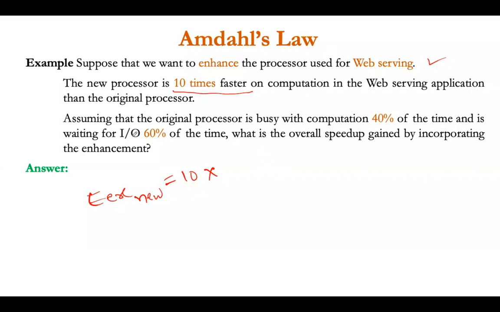So assume that the original processor is busy with computation 40% of the time and is waiting 60% of the time for input output devices. So what is the overall speedup gained by incorporating this?